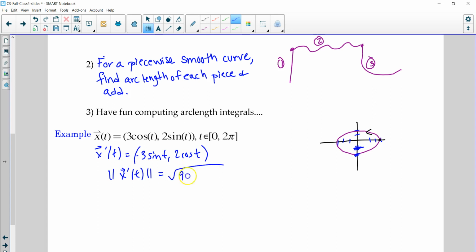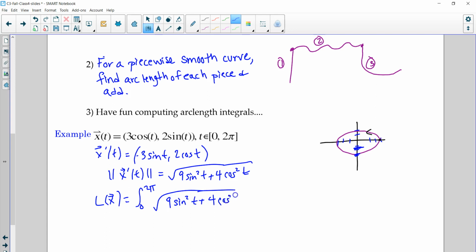This is 9 sine squared t plus 4 cosine squared t. And then I need to take the arc length of this. Okay, so then 0 to 2 pi of the square root of 9 sine squared t plus 4 cosine squared t.